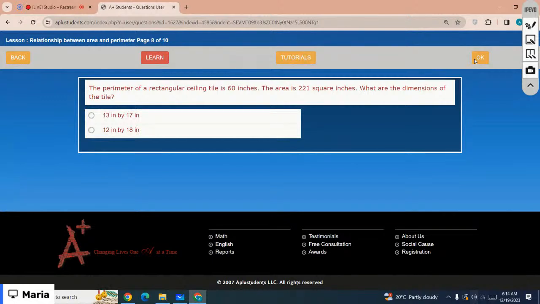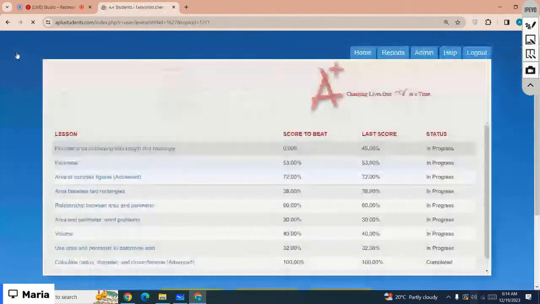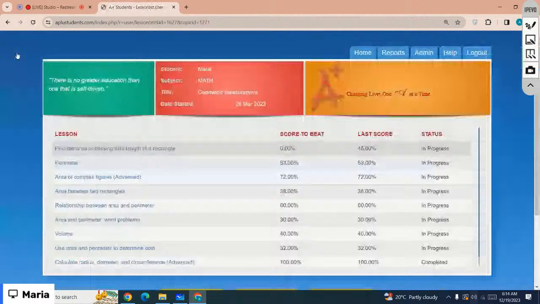Okay, you can complete the lesson by yourself later today. Let me just move on to the next lesson. And the next lesson is area and perimeter word problems.